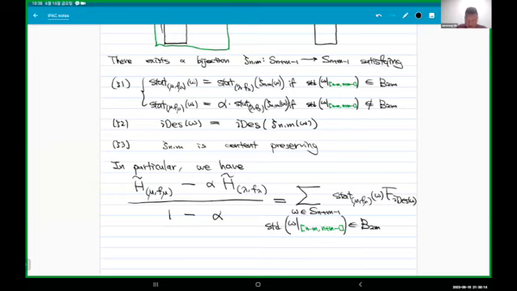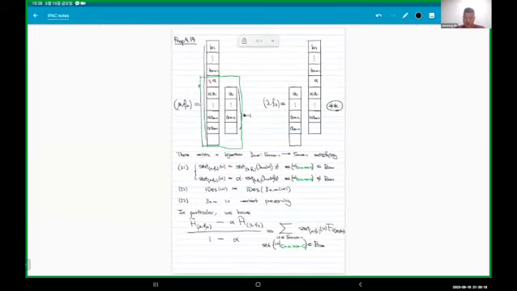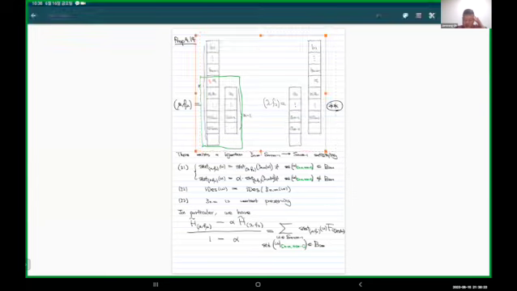So that is the consequence of this proposition 4.14. And I will sketch the proof of this proposition.